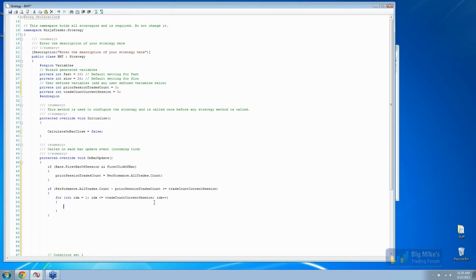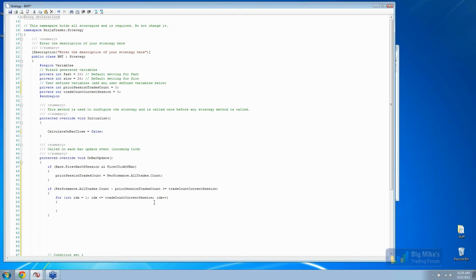If you remember, I said the trade collection holds every single individual trade object. So I want to loop through that trade collection and grab the relevant trade objects that I wanted from that collection, and then check out the performance on those ones.